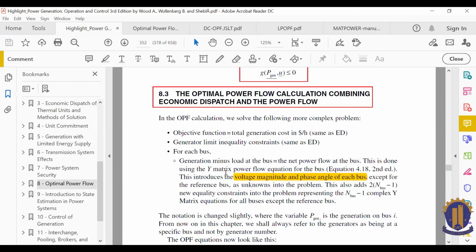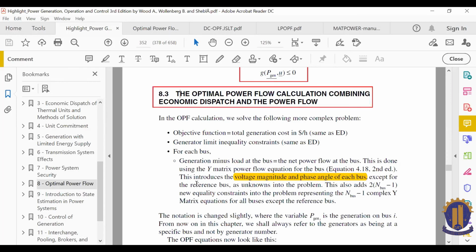The components of the matrix are the resistance and reactance, and how the lines are connected with a particular node. This needs to be revisited to get an idea about the Y matrix. I think you all know what the Y matrix is. So the Y matrix is needed here to describe the network.